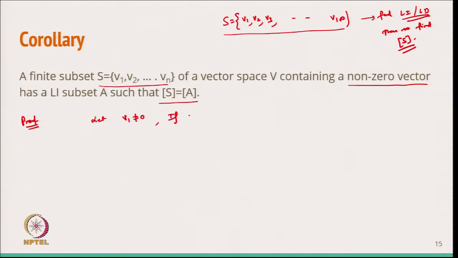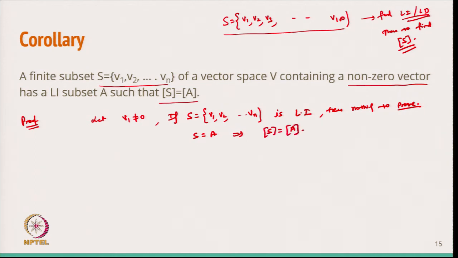So, if the set S is linearly independent, then there is nothing to prove, because in that case S is itself A, and the span of S is equal to the span of A. Okay, so this is okay. Now, this is case 1.